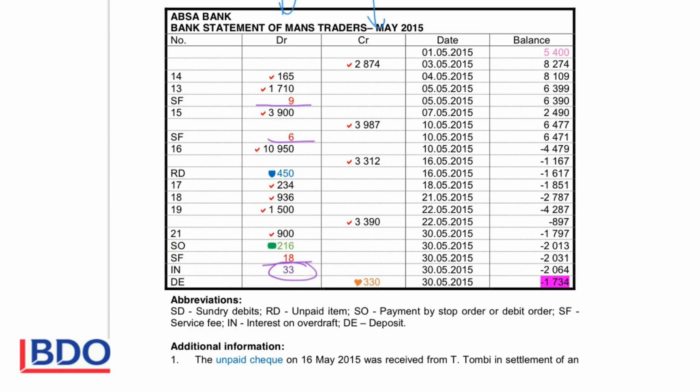If we look at the entries in the bank statement that were not ticked, there's one for 450 Rand that will go to the cash payments journal, and there's one for 216 Rand. We can't just record it because we don't know the reason for these entries. So we have to go and look in the additional information to determine why we have these three entries in the bank statement that were not recorded in the journals.